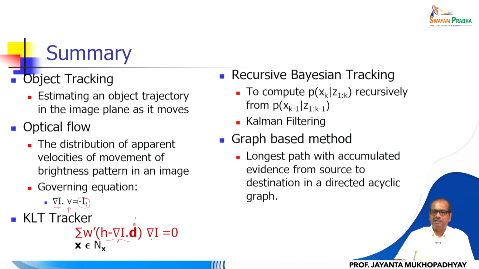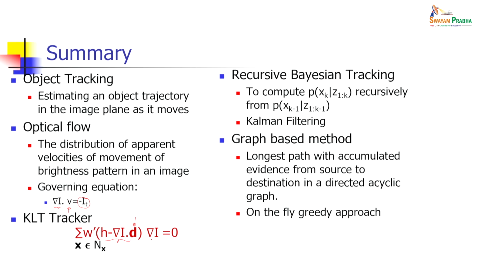That is the crux, and from there we get the trajectory. We can also use an on-the-fly greedy approach instead of an offline or buffered approach, which makes the operation more applicable in real-time scenarios. So multipath tracking methodology is employed there.